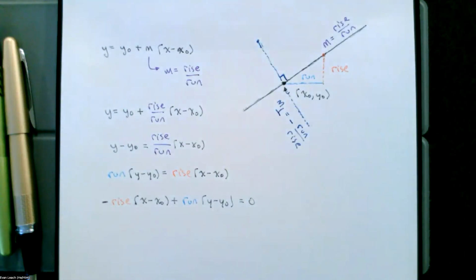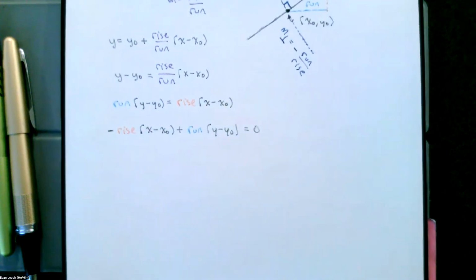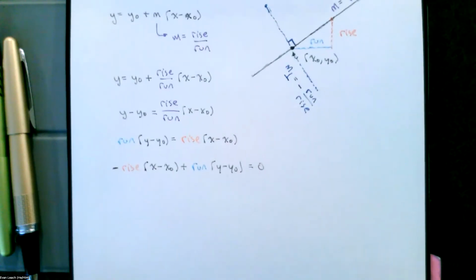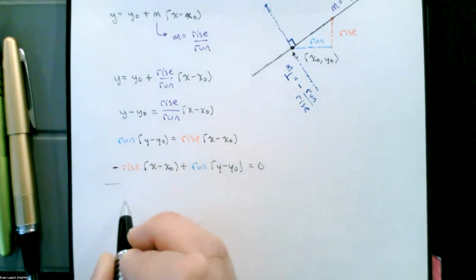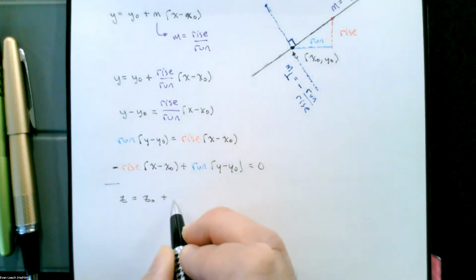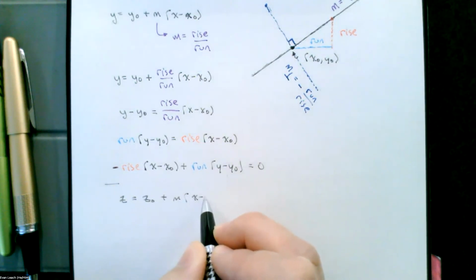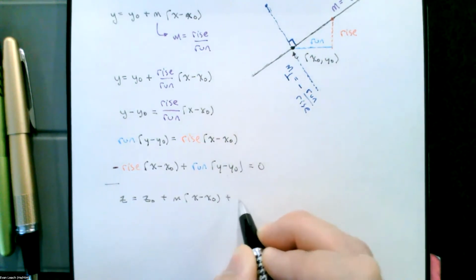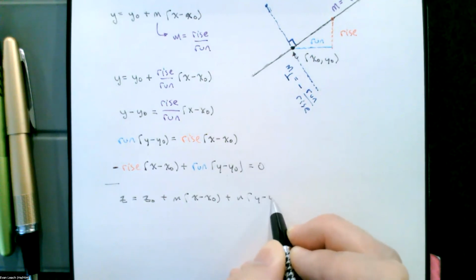Now what we want to do is upgrade this to the equation of a plane. What we've seen before is that the equation of a plane is a lot like the equation of a line. But now we have z equals z naught plus m times (x minus x naught) plus n times (y minus y naught).